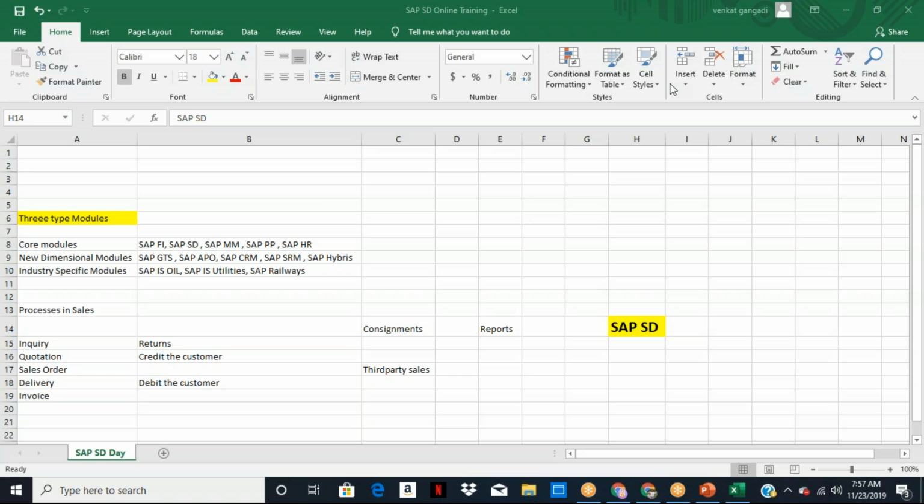Master data means, I will explain later, customer, vendor, materials. This is the master data of SAP SD, and we have some sales support related activities and sales information system related activities.